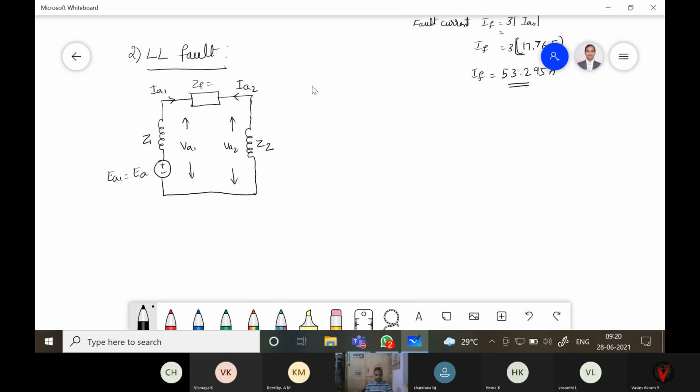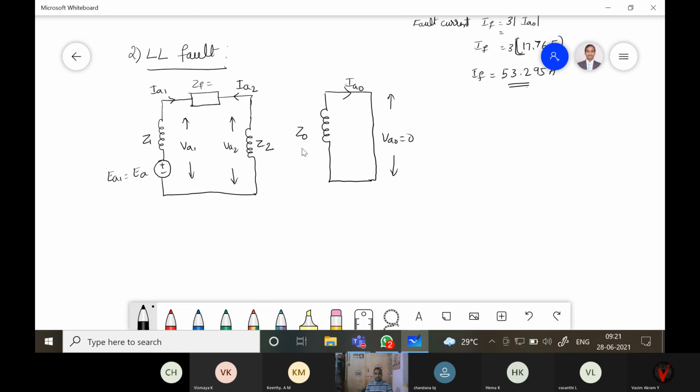This is diagram A, and the zero sequence network diagram is drawn separately. So this is called IA naught and VA naught. VA naught will become 0 because it is a short circuit, and this is called Z naught.